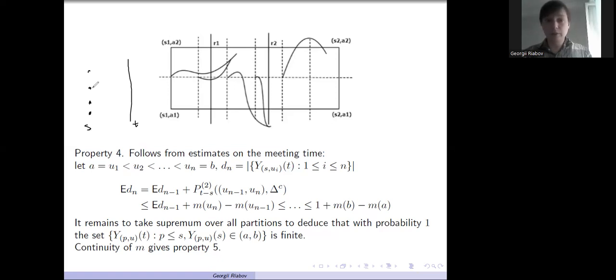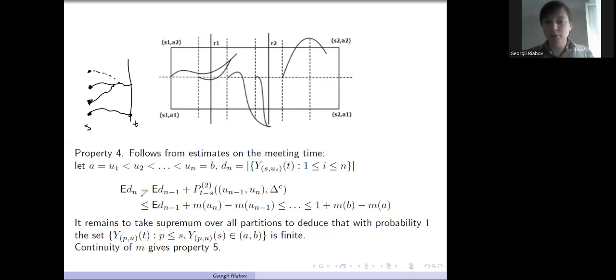Yes, so the number of trajectories that remained when we consider the start from u1 to un minus 1, plus 1 or 0, depending on whether the last trajectory coalesced with the one below it or not.